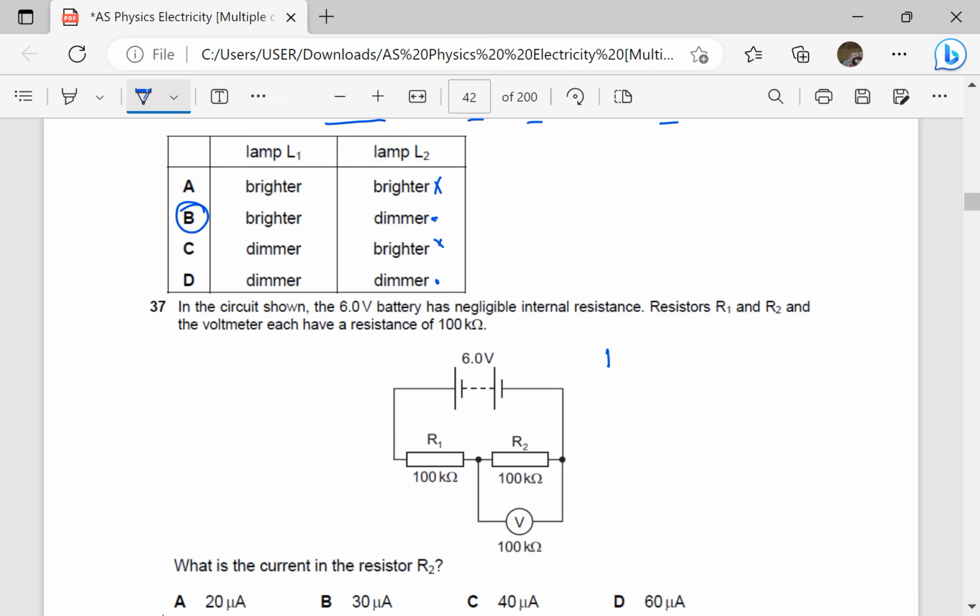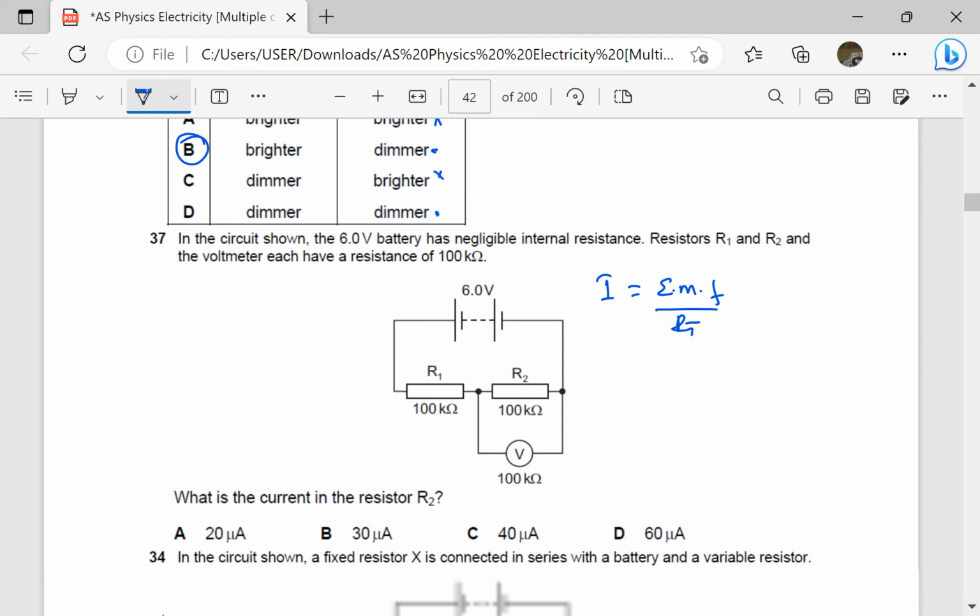To find the total current, we need the e.m.f divided by total resistance. Remember, these two are in parallel, so the combination will give us 50 kilo ohms. You might always be wondering, why do I just get the one resistor divided by 2 whenever they're in parallel?